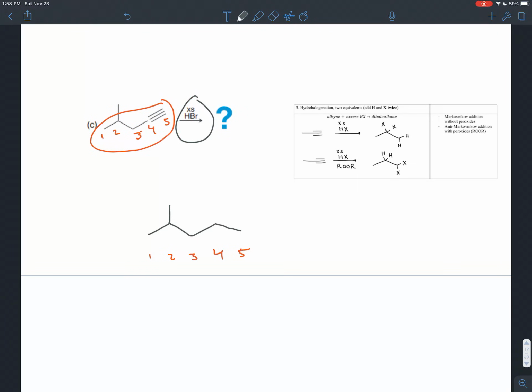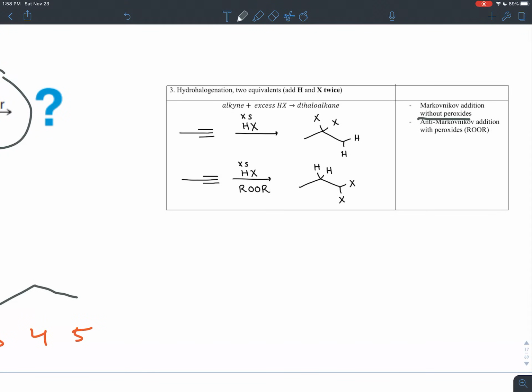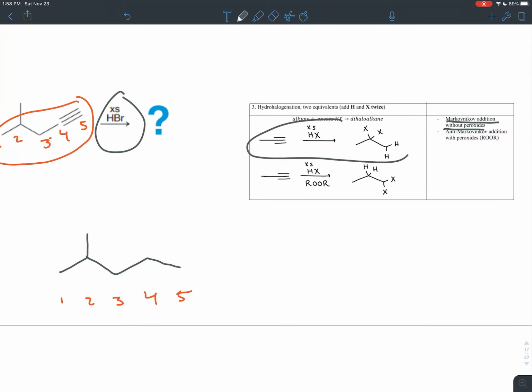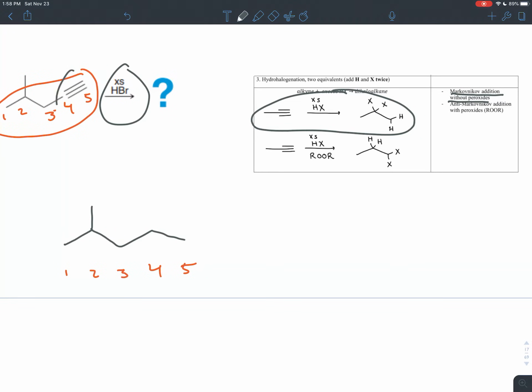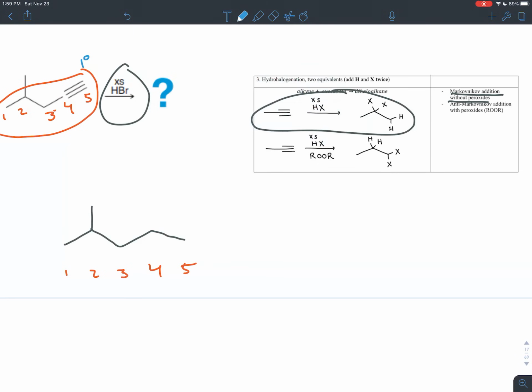There's no peroxide here. And so if you don't have peroxides, it's Markovnikov addition. The hydrogen goes on the less substituted carbon, and the halogens go on the more substituted carbon. So out of 4 and 5, the carbon at the very end is primary. The carbon at carbon 4 is secondary.